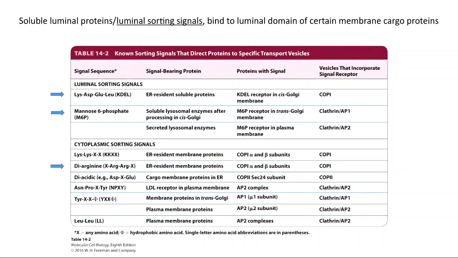We'll see later on. And also this NPXY signal, we have a complete section on this one, the LDL receptor. So I haven't highlighted the NPXY signals and the diacidic sorting signals. So we are left with these two and probably this one. So anyway, all of them are kind of important to me.